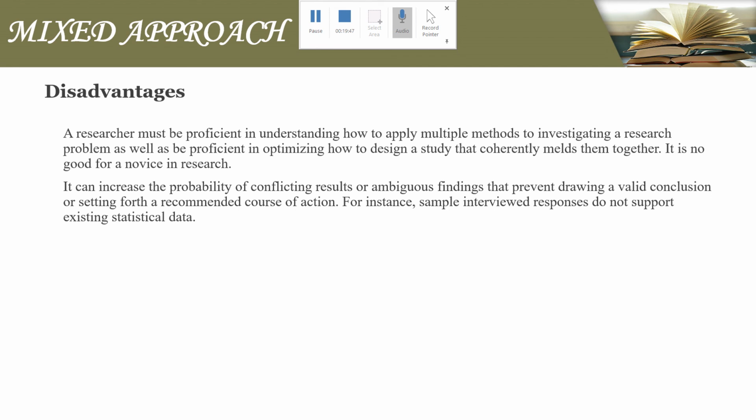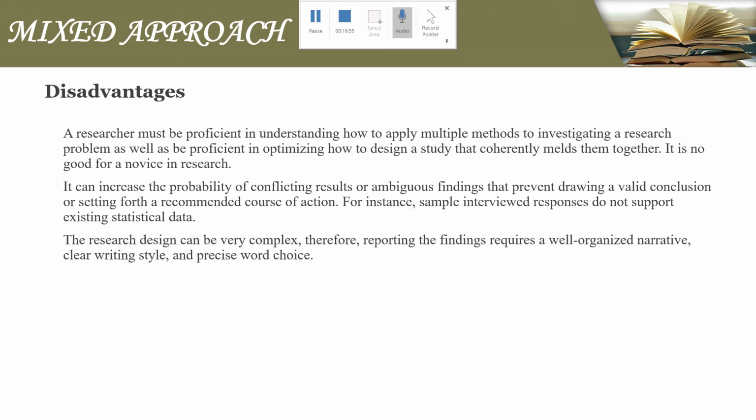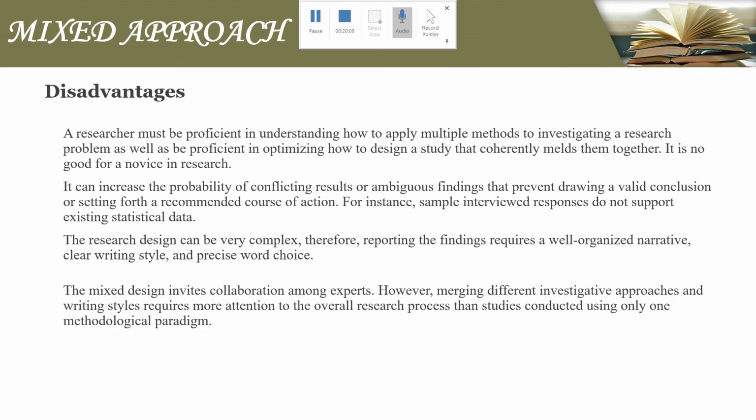So that is when you need the skill to be able to blend these approaches in order to come out with the best conclusion and recommendation. The research design can be very complex. Therefore, reporting the findings requires a well-organized narrative, clear writing style, and precise word choice.